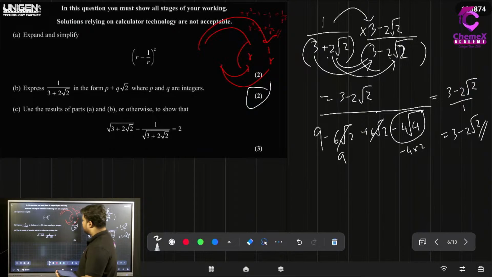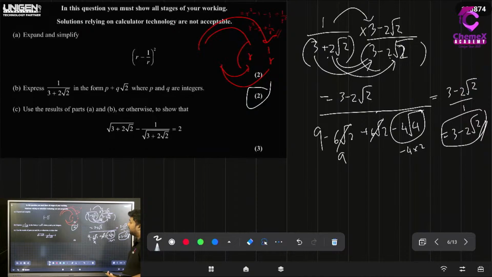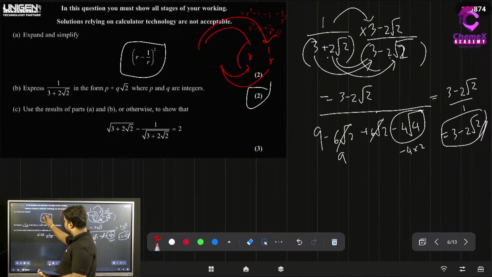Alright. Next is simple, but you have to think and do. Can you see they have said this term is what you actually got here, 3 minus 2 root 2, written the same thing.